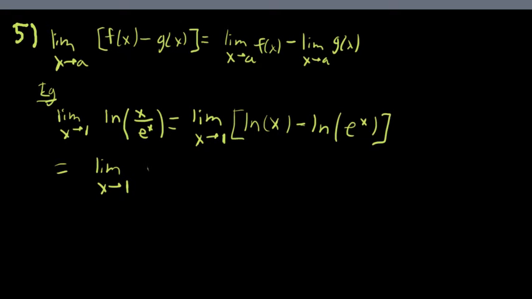So the limit as x tends to 1 of ln of x minus the limit as x tends to 1 of ln of e to the x.